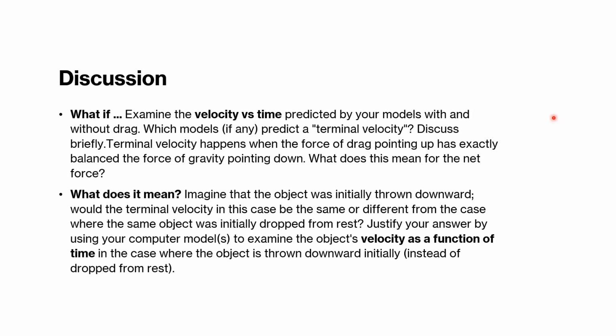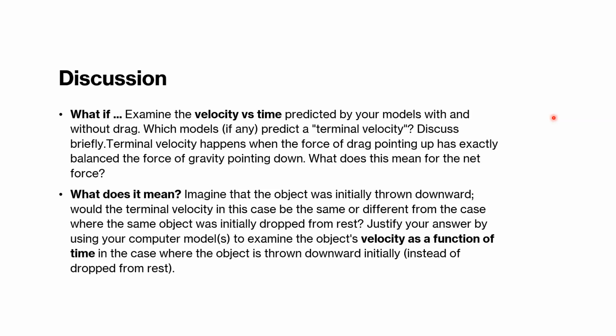Here are some discussion questions. Velocity versus time predicted by our models with and without drag: which of these models will actually predict a terminal velocity? The terminal velocity will be determined by the graph that includes drag, because drag is a force that counteracts our motion. Without drag, there will be no force that counteracts the gravitational force.